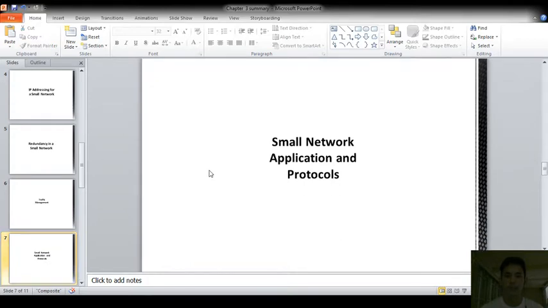So when it comes to small network applications and protocols, there are common applications here. There are network applications and the common protocols. Network applications are used to communicate over the network. Email clients and web browsers are examples of this type of application.